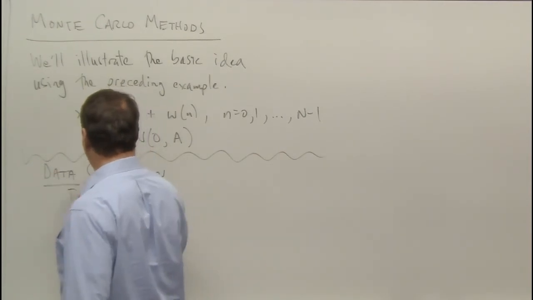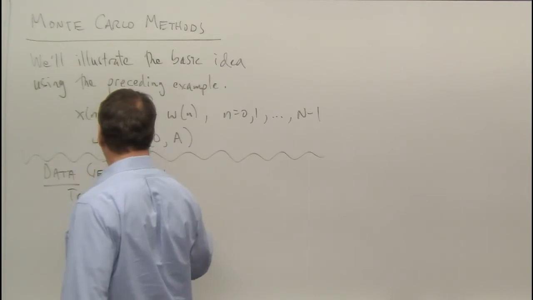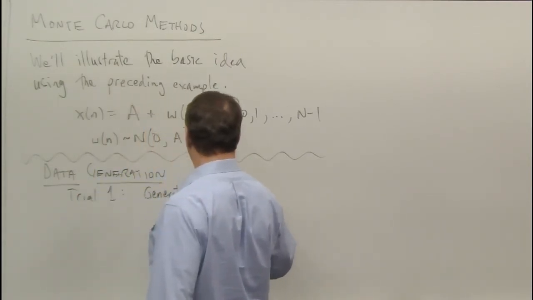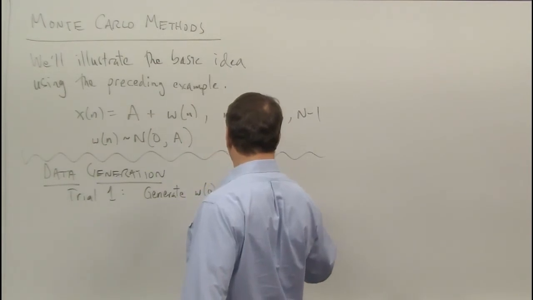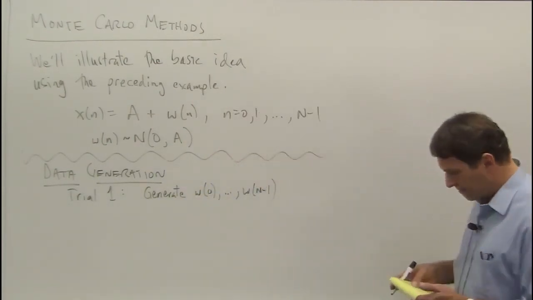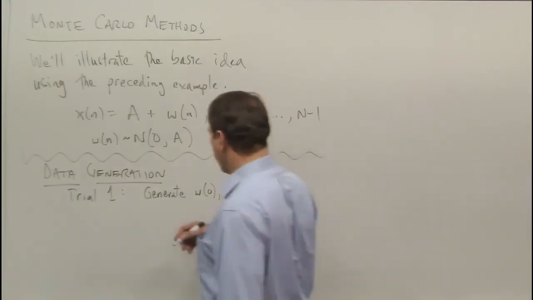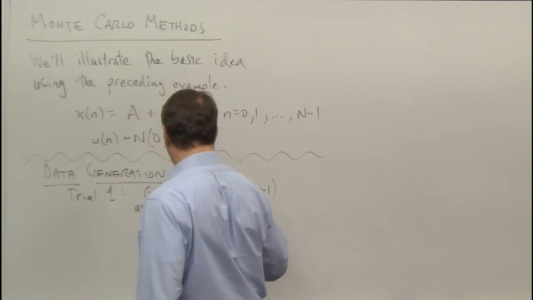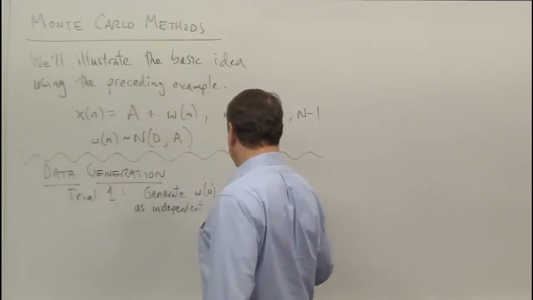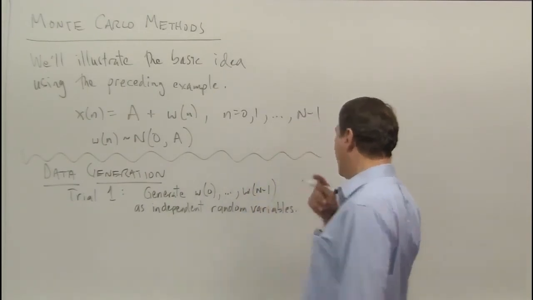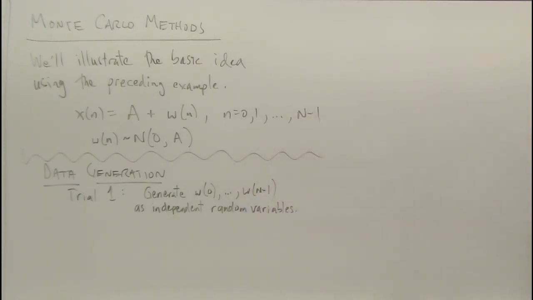So in the data generation for trial 1, we generate w[0] out to w[N] as independent random variables. Okay, now how do we do this?